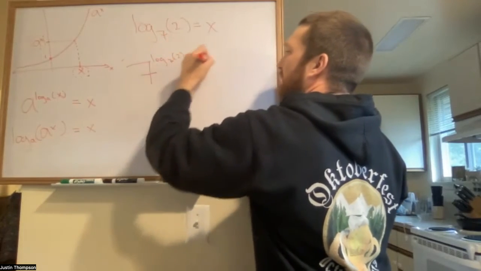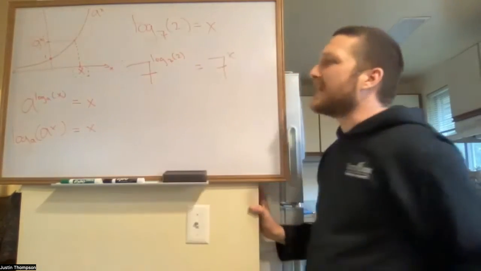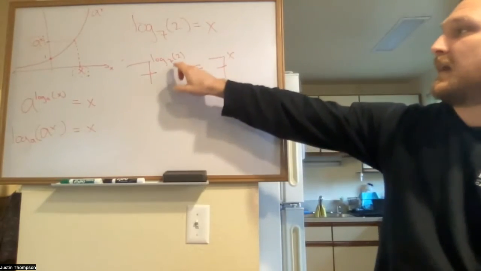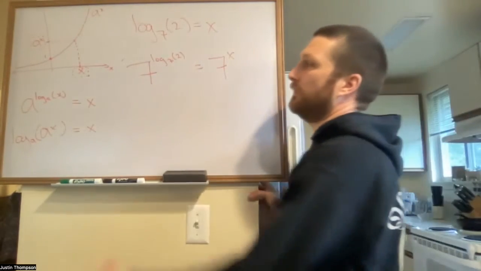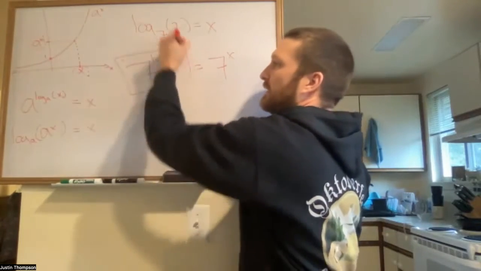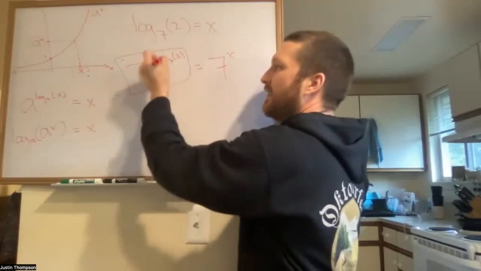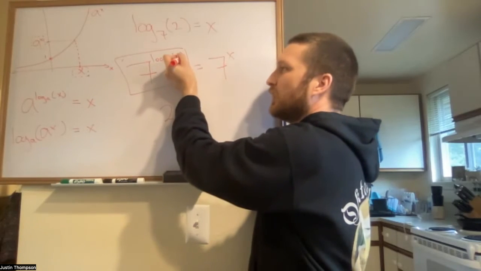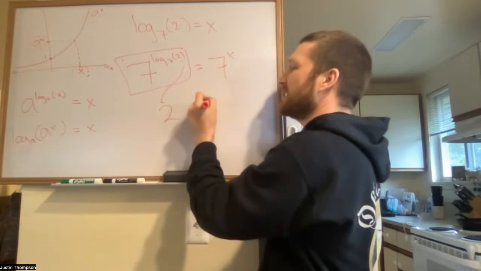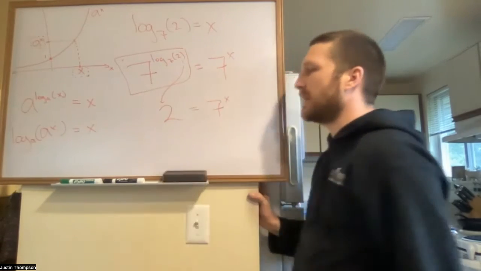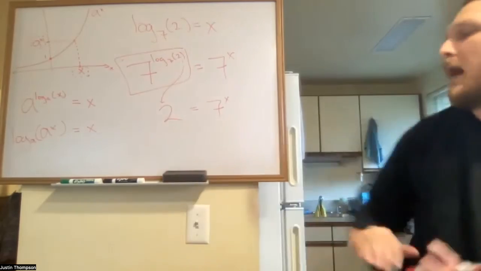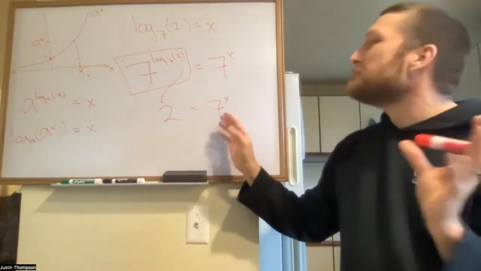You would take 7 to both sides of the equation, and the reason that you do that is that it makes this thing pop out. Once you do that, whatever the input was is the thing that pops out.